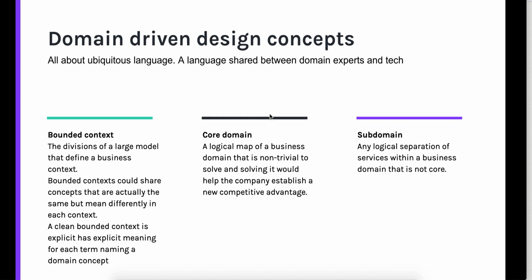Now we have the core domain of your project or software, and that's the part of your software that is non-trivial to solve. It's hard to solve, and if you solve it, it gives your company a competitive advantage over other competitors, right? Think about this example: Amazon has a shopping website, right? When you go online, it acts as a retailer website.